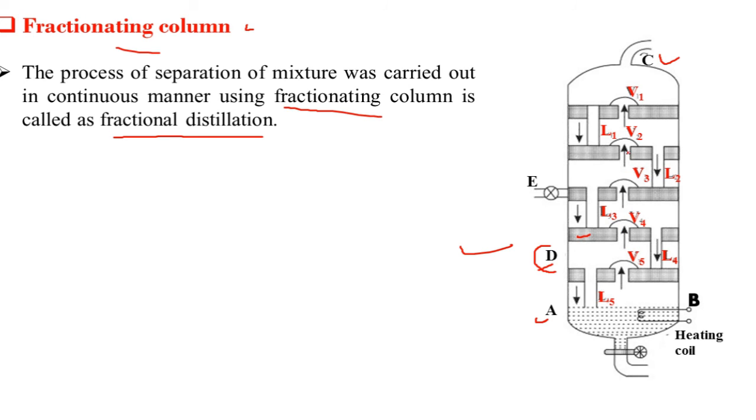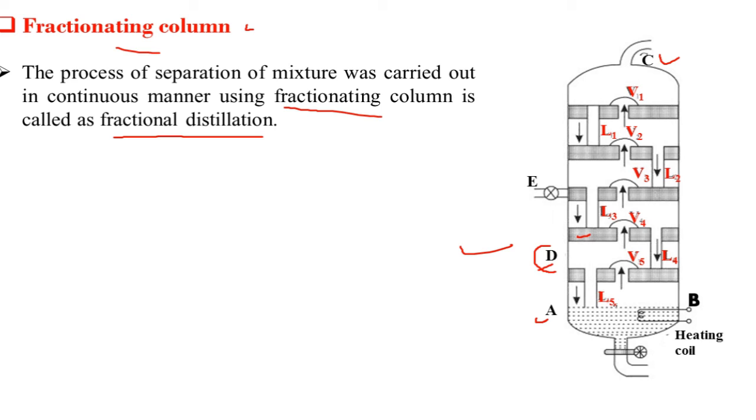The more volatile component then moves in an upward direction along with the vapors. During the upward travel of vapors, the vapor becomes more and more rich in the more volatile component, while during the downward travel of liquid, it becomes more and more rich in the less volatile component.